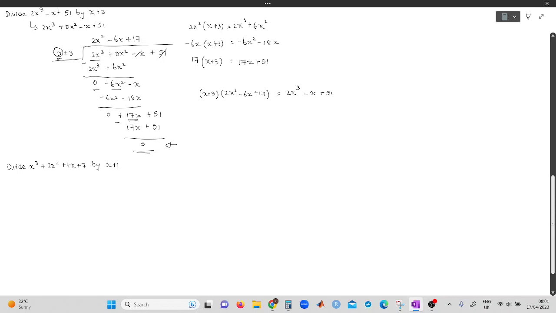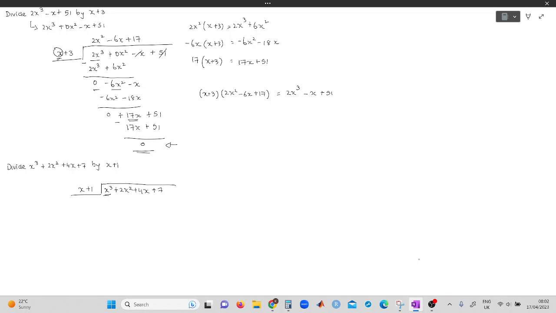Okay. So here, let's do the division. x cubed plus 2x squared plus 4x plus 7 divided by x plus 1. The procedure is the same. First term of the polynomial divided by the first term of the dividing factor.